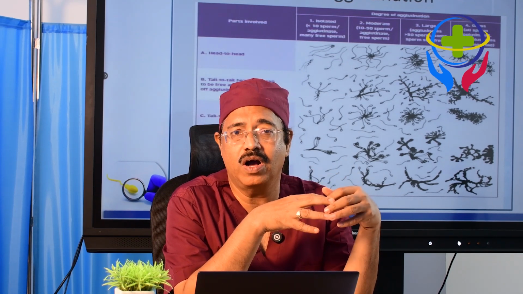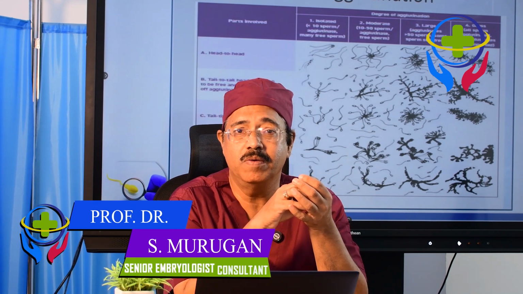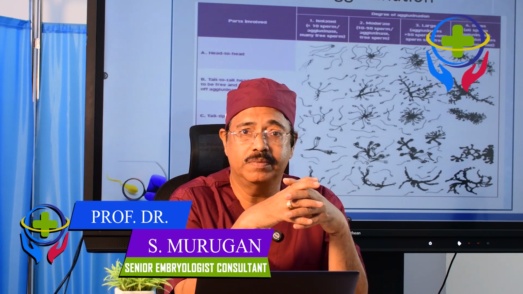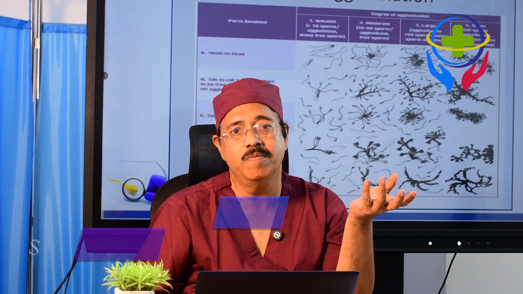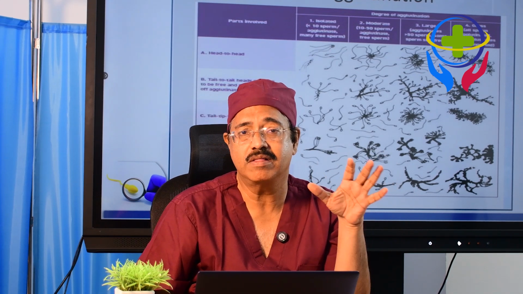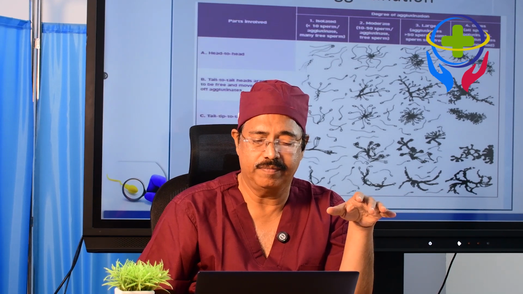But in the case of agglutination, we can see sperm attached to other sperm, forming a clump, and it makes the sperm immotile. It makes the sperm unable to move here and there.